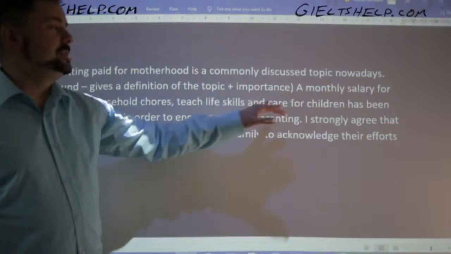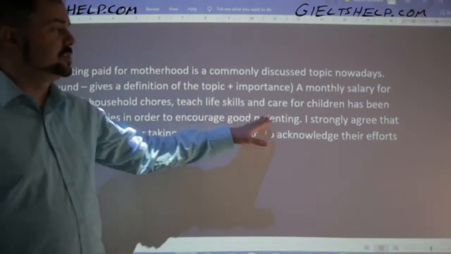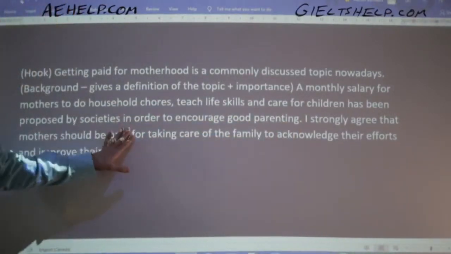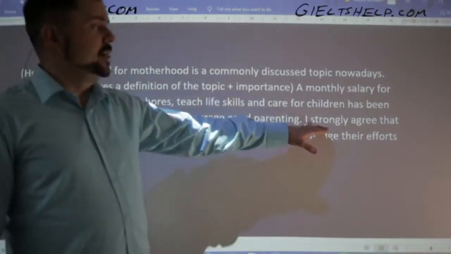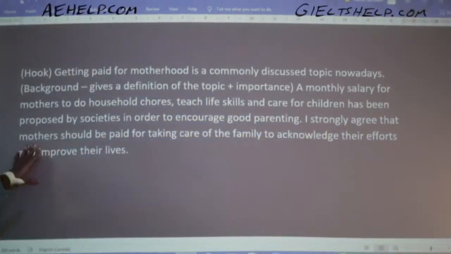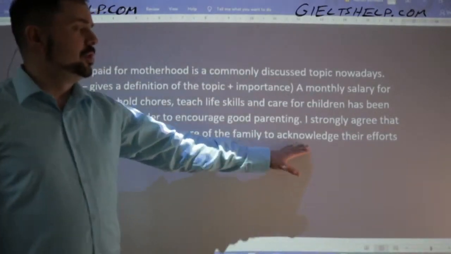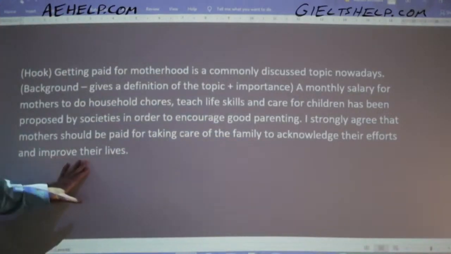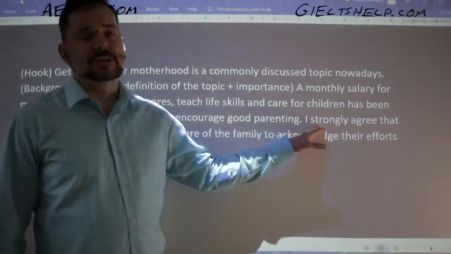A monthly salary for mothers to do household chores, teach life skills, and care for children has been proposed by societies in order to encourage good parenting. I strongly agree that mothers should be paid for taking care of the family to acknowledge their efforts and improve their lives. So this is our thesis.